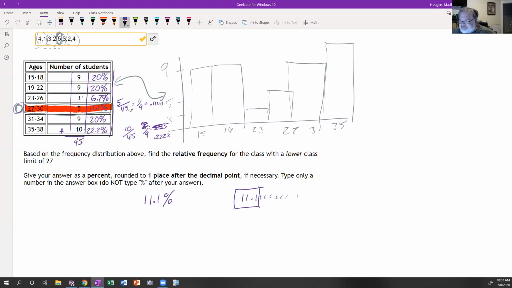Yeah, thank you. And one of the things that makes things like MyOpenMath frustrating is also in some ways one of its strengths. It is very picky. If it says it wants it in a particular way, it better be in that particular way. And that can sometimes be unnecessarily frustrating. But at the same time, it does help us practice that precision.